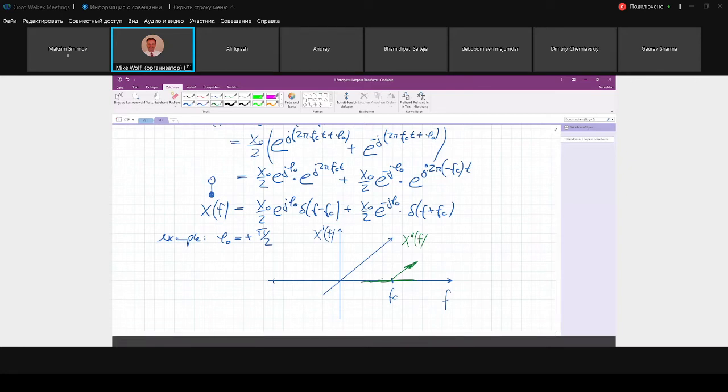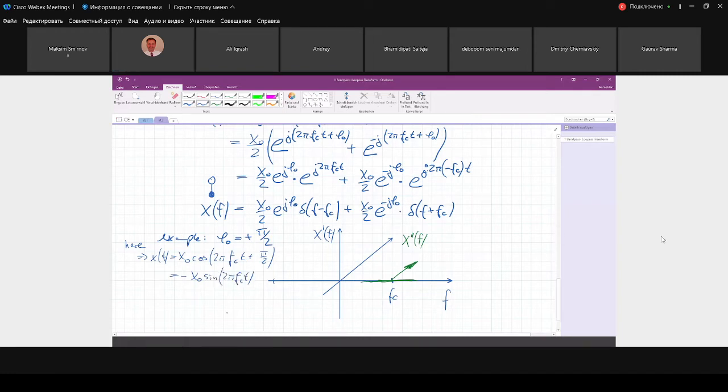So if this phase is plus pi by 2, then there's a minus sign for the other pulse. x of t is equal to x naught cosine of 2 pi fct plus pi by 2. So we shift the cosine to the left-hand side, and then it becomes minus x naught sine of 2 pi fct.